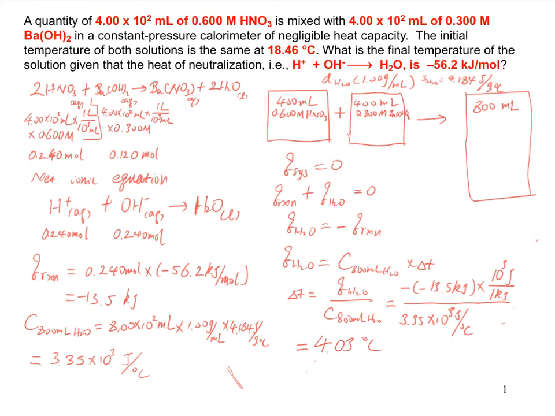That's the delta T, and the final temperature equals the initial temperature plus delta T, that is 18.46 Celsius plus 4.03 Celsius, that is 22.49 Celsius degree. Okay, that's the end of the problem.